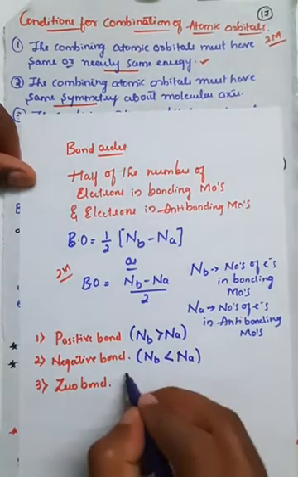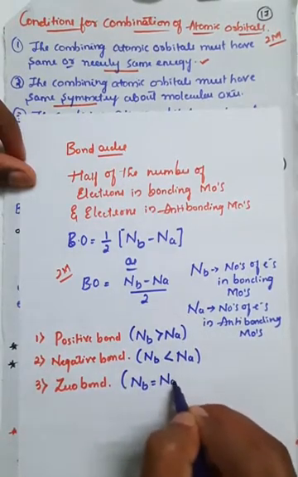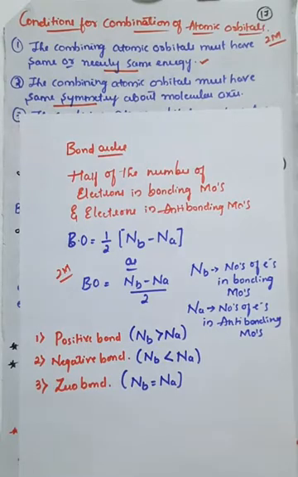And in zero bond order, both are equal. Bonding will be equal to anti-bonding, Na equal to Nb.